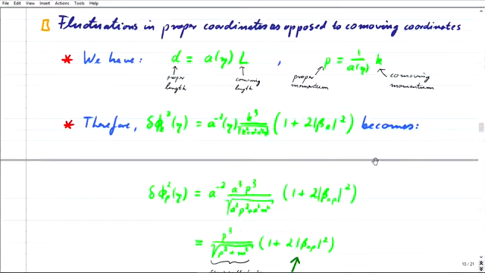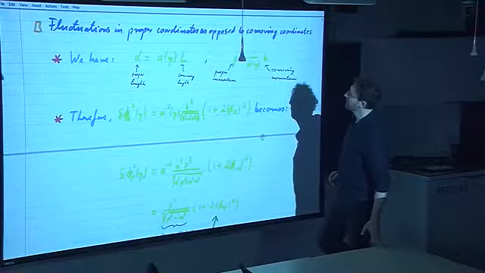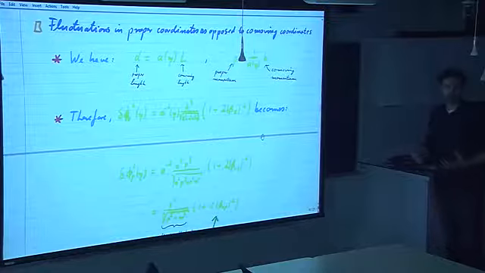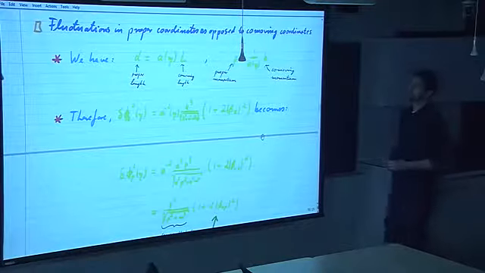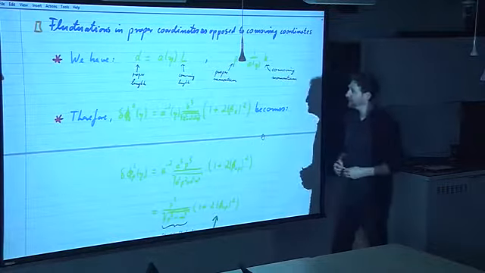Now, we studied these things in co-moving coordinates. Let us translate what we found into proper distances. And remember that they are related to each other in a time-dependent fashion.